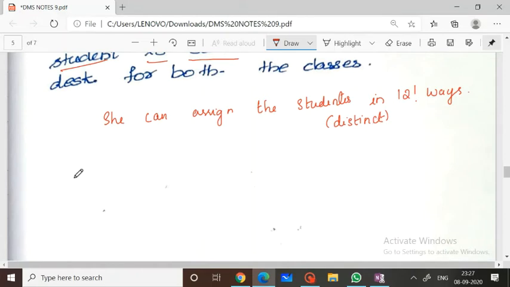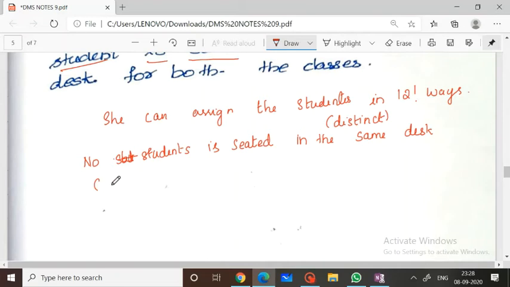Now here one more condition is given: no student is seated in the same desk. Which means that it is a derangement. It is not an arrangement, this is a derangement.